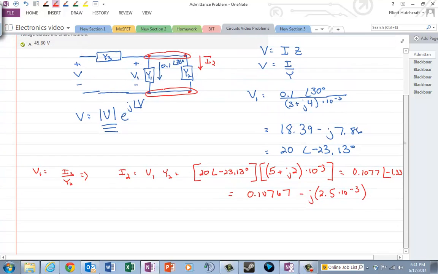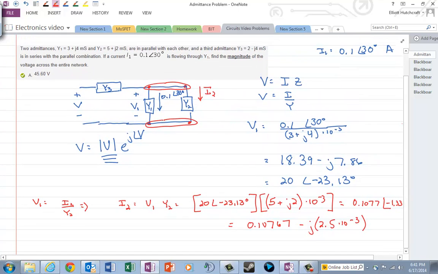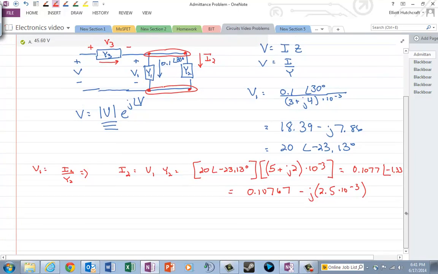Alright, so now I have I2, and I need the current here so that I can get the voltage across that impedance Y3, which I'll call V3. Well, I know that current because I've got I1 and I2.